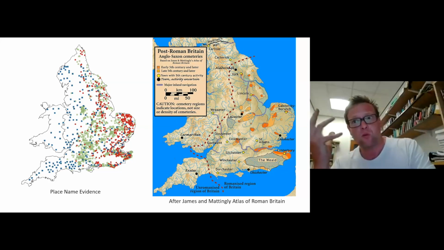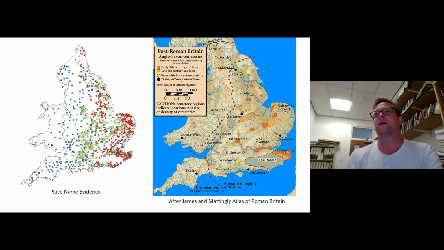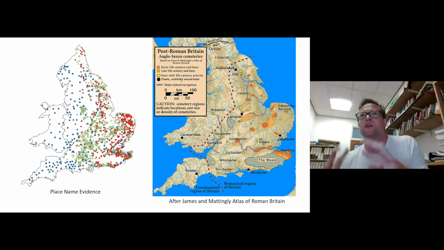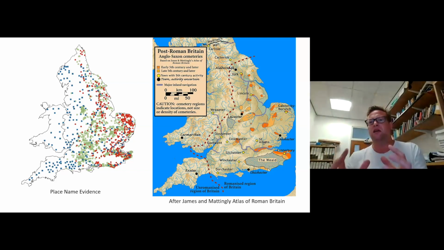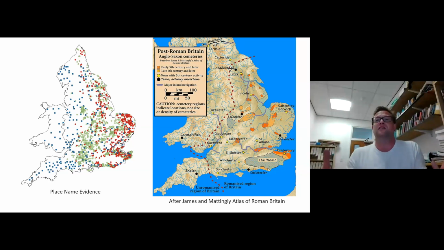So we also have people like David Mattingly, who's starting to talk about there being pockets of Romano-British survival into the later 5th and early 6th centuries. Perhaps places like Silchester, the big civitas capital in Hampshire, has got radiocarbon evidence that suggests that people in the 6th century were still resident in the middle of that collapsed, fallen, failed town.